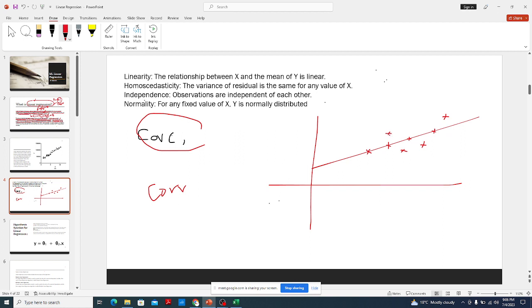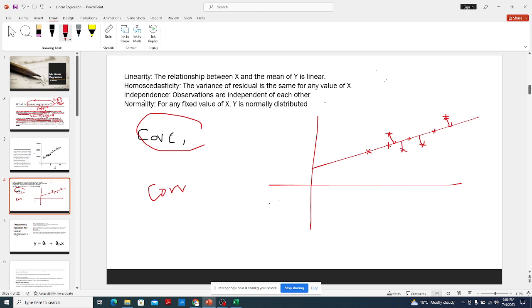So the distance between these data points and the line of best fit, that variation, is what we call the error term. The error term is the distance between the values and the line of best fit. That's why you can say we are talking of vertical deviation.